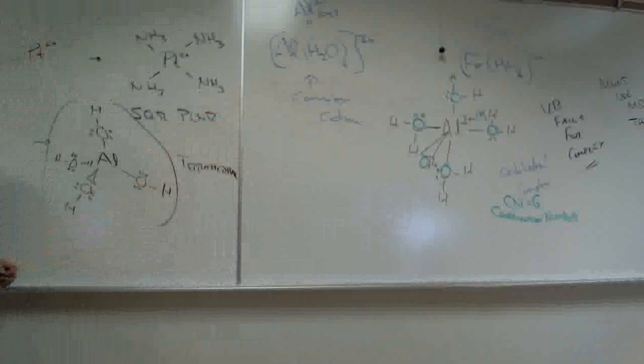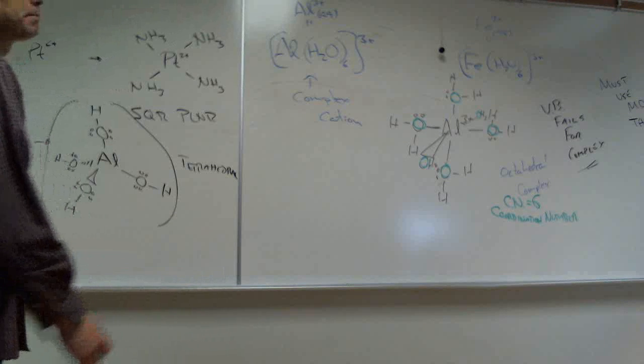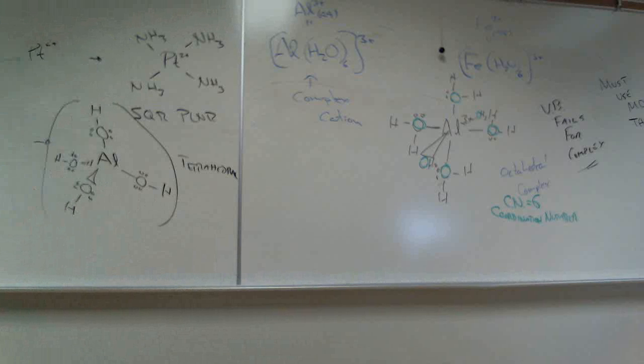and an octahedral complex. And so how can I predict if it's going to be attacked by 4 bases or 6 bases? Or 2? There's one more. Since I'm running out of time, I'm going to erase it.